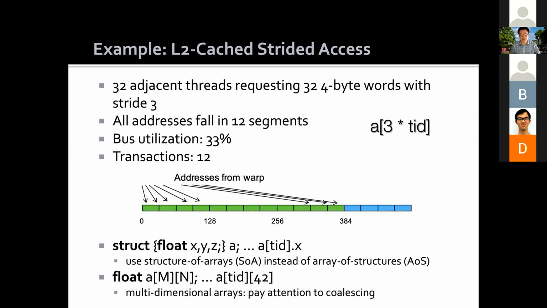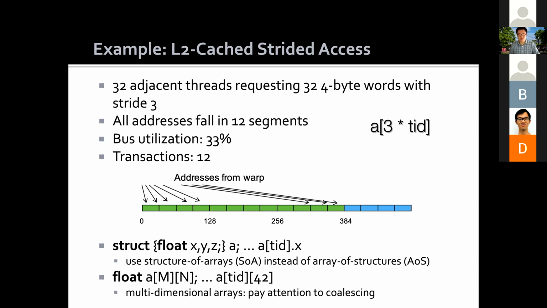Okay, and sometimes, as I mentioned, each time one thread needs to handle 3 elements. Then, for example, this is the thread ID. Every time you assign 3 times TID element to this thread, right? And then your utilization is very simple to calculate because in every transaction, you only use 1/3 of it.